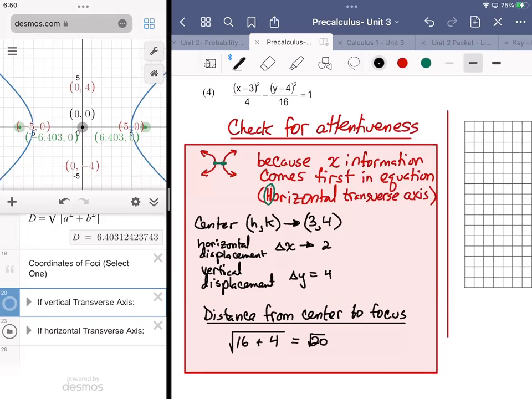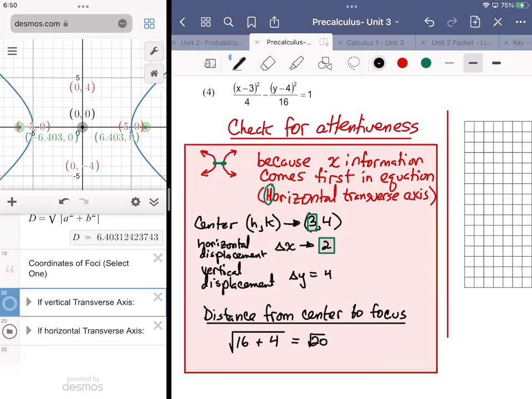So if I needed to come up with the information related to vertices without creating the graph, because sometimes it's just more convenient. Like you don't need to create the graph, but you need the information. All you'd have to do is take your X value, add it to and from, and subtract it from the X value of your center.